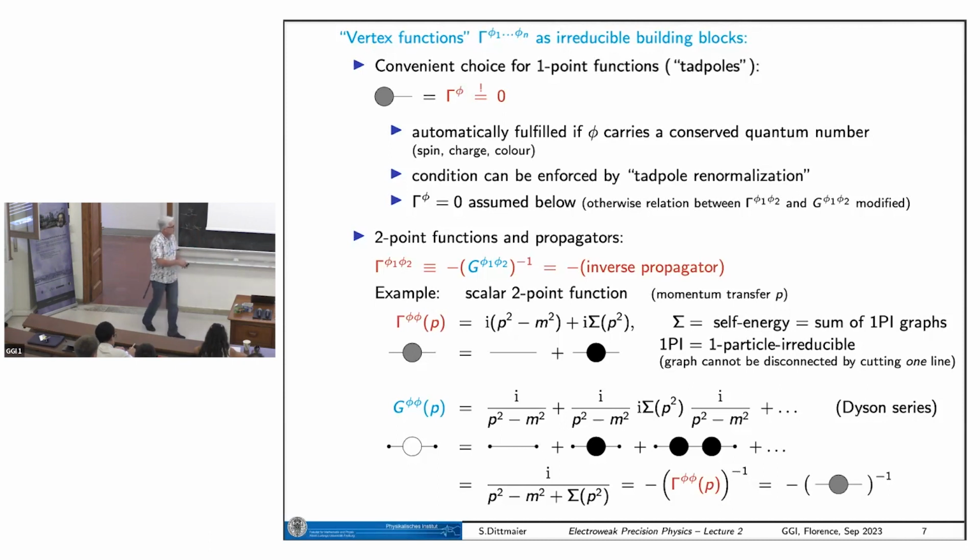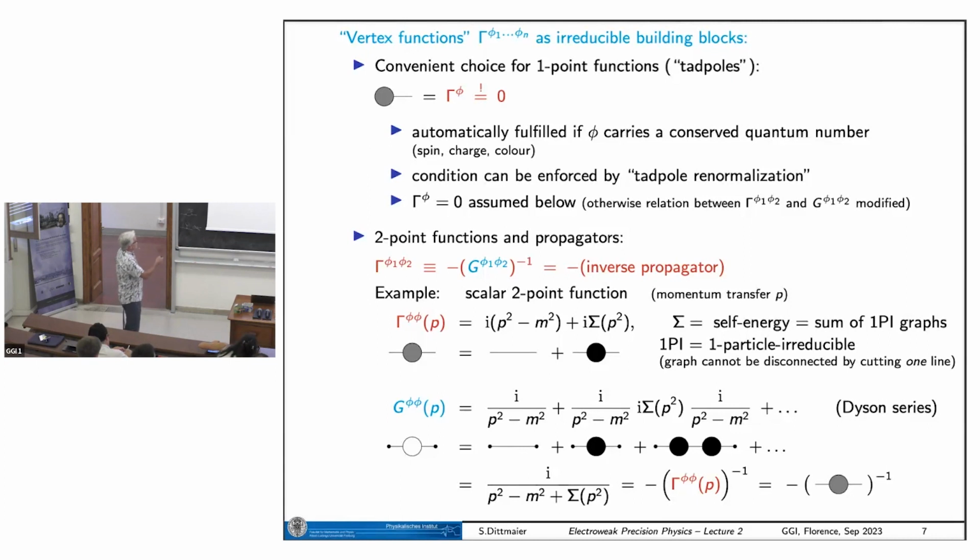And for the whole machinery to work properly, it's good to eliminate these structures, because then your propagator just receives corrections of this kind, but not of this kind. Okay, maybe it's a bit too detailed at this level, but I just want to draw your attention to points that are a little bit off in electroweak theory, when you just come from QED or QCD.